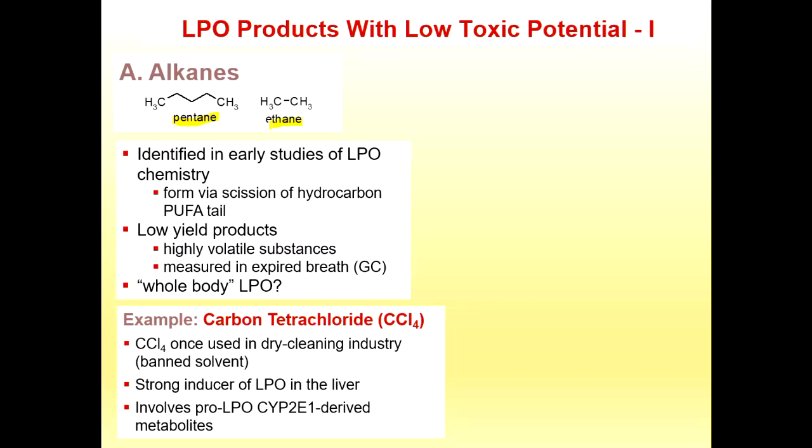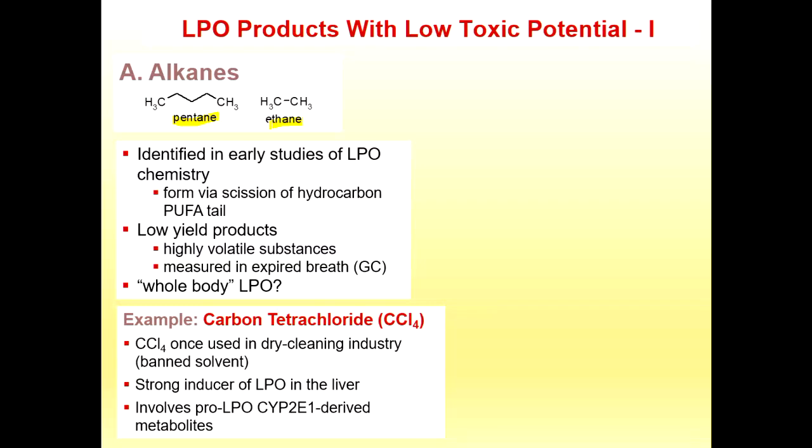If you have a tub of cooking lipids that's gone off and oxidised, you can often smell the organic volatile substances, and you're mainly smelling some of these alkanes. Okay, so they form via breakdown or scission, cleavage of that long hydrocarbon tail of the polyunsaturated fatty acid.